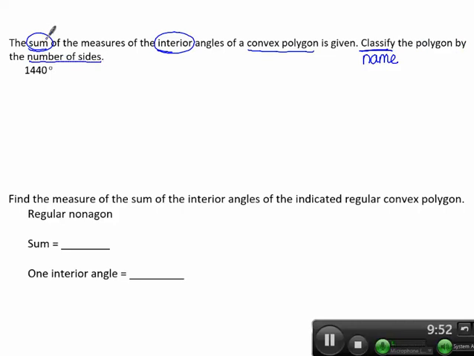Now as soon as I see sum and interior, I'm going to remember my formula, n minus 2 times 180. Now they already gave me the sum. The sum is 1440. So this is equal to that sum, 1440. I need to solve for the number of sides, which is n in my equation.